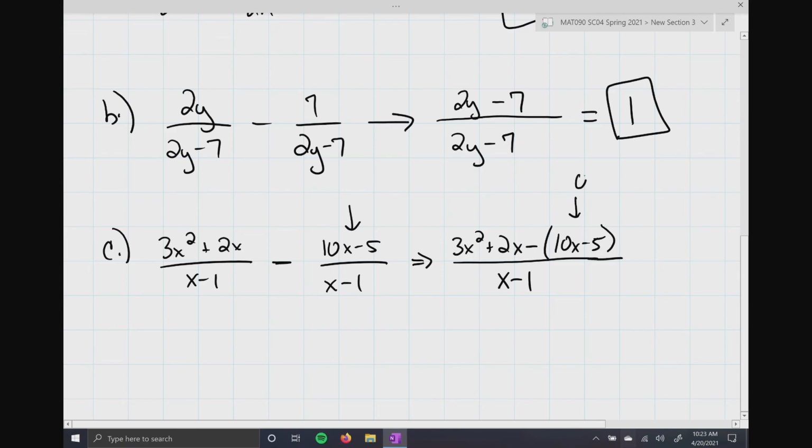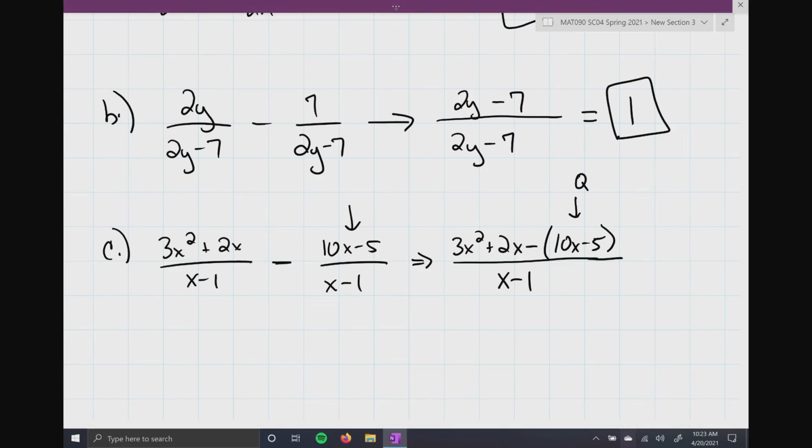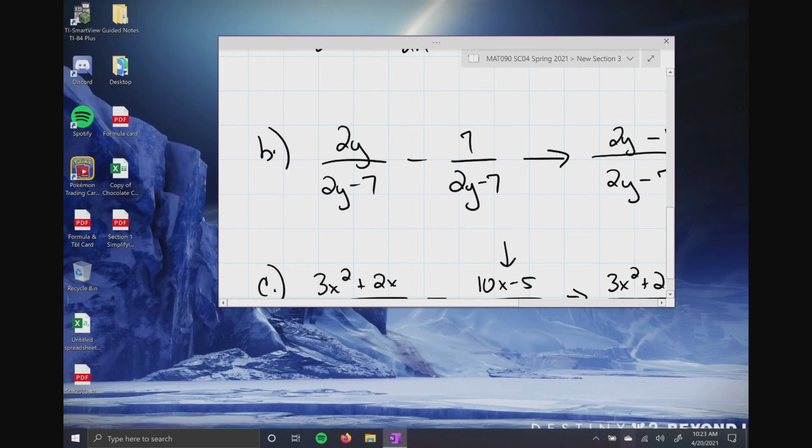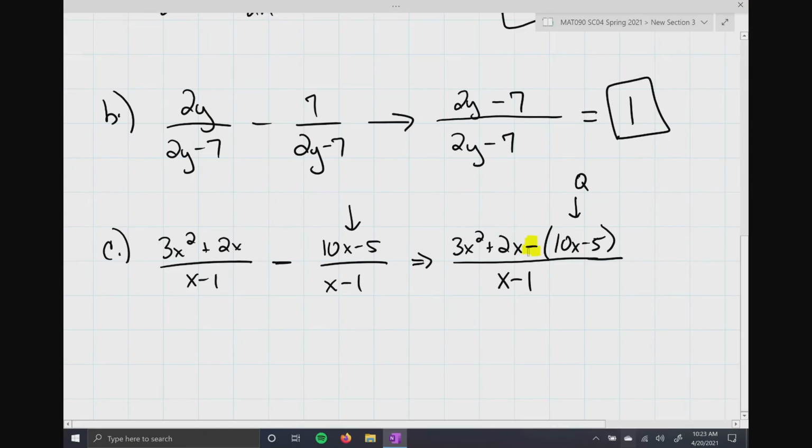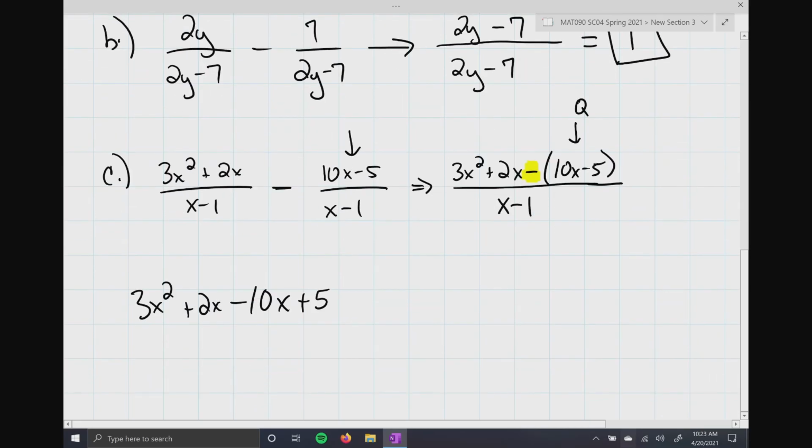Notice I put the entire thing in parentheses. The reason why we do this is right here. Because I am subtracting that entire second fraction, I'm subtracting 10x minus 5 also, which means I need to distribute the negative sign.